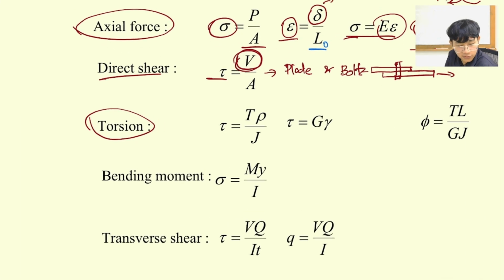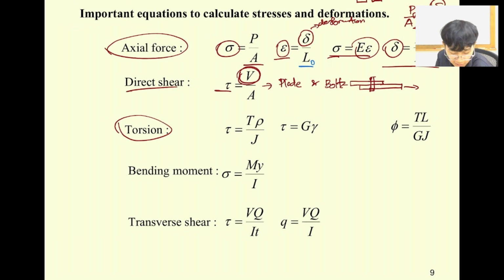So basically, if you remember from chapter 6 or chapter 7 in mechanics of materials, we replace this by using C. So for the shear stress of the torsion, we normally know the torque over here, and then C is the radius of the bar, and J is the polar moment of inertia.